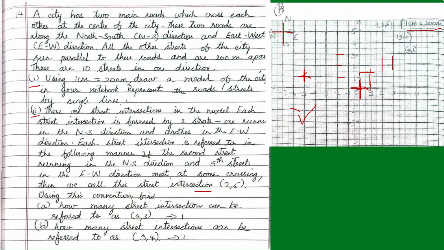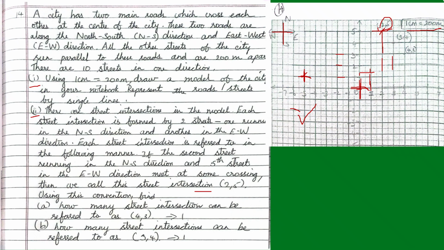The second street in the north-south direction is this one, and the fifth street in the east-west direction is this one. Where do they intersect? This is the point, the street intersection represented by 2, 5.